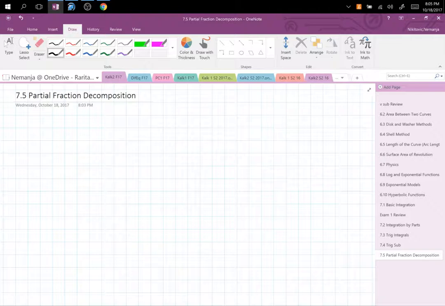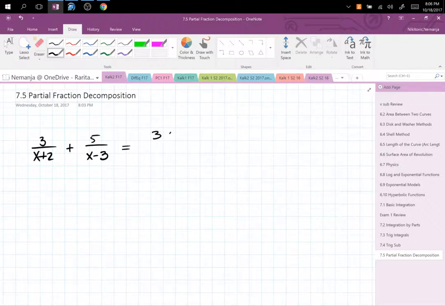So, partial fraction decomposition. You might be familiar with the fact that if you have 3 over x plus 2, plus, let's say, 5 over x minus 3, you can use algebra to add these.